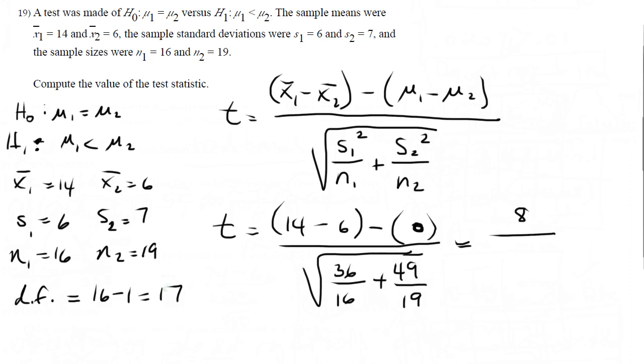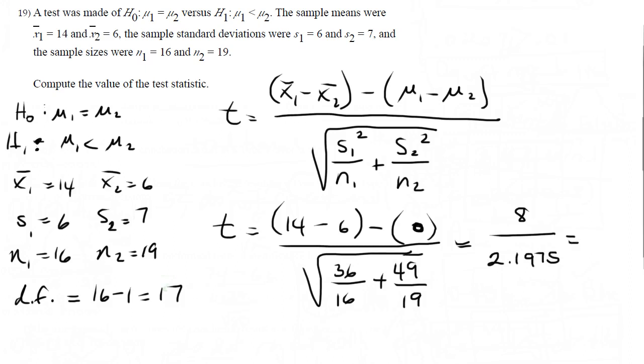So this first parentheses means everything's in the square root. 36 over 16 is in its own parentheses. 49 over 19 is in its own parentheses. 2.1975, four decimal places. So let's divide this.